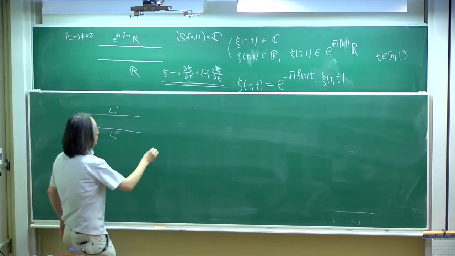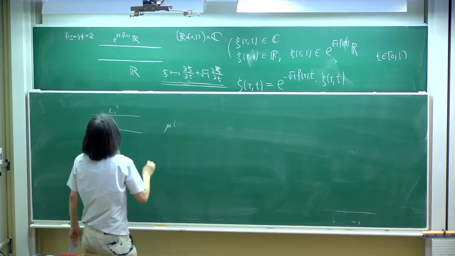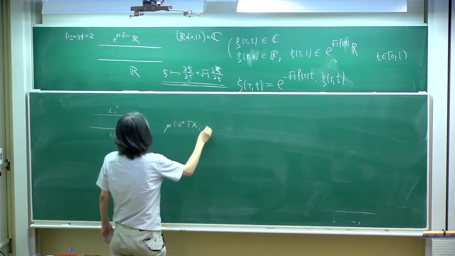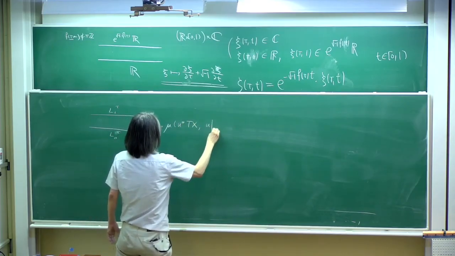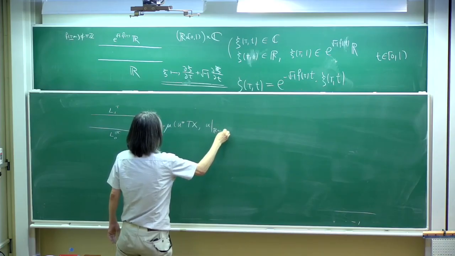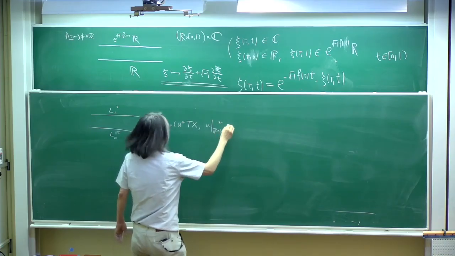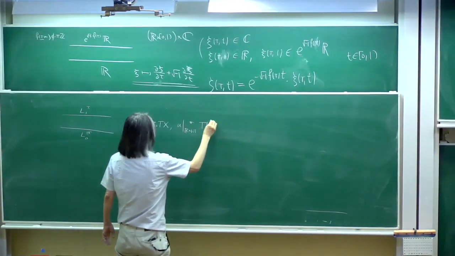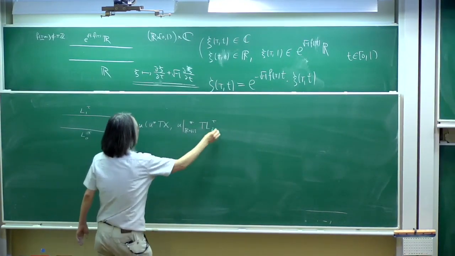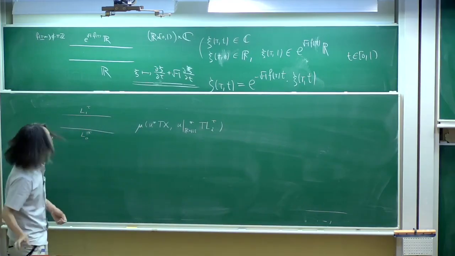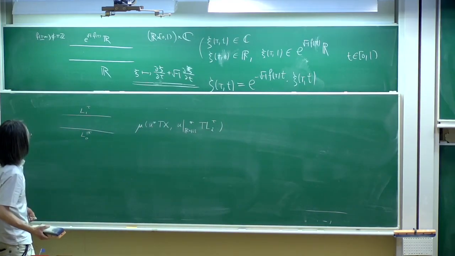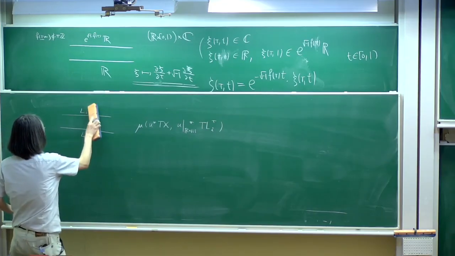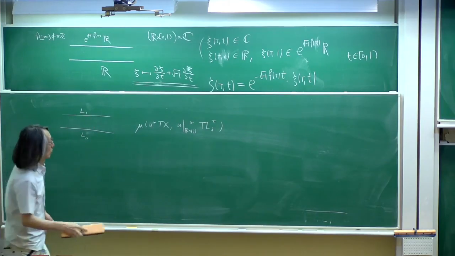And then we have a Maslov index of this, mu of maybe u star of TX, and u restricted to R cross I star of T L_i tau, something like this. Sorry, this is not true. This is not true. So this is just like this.